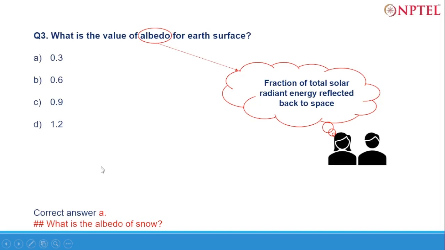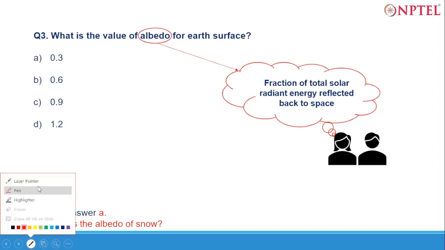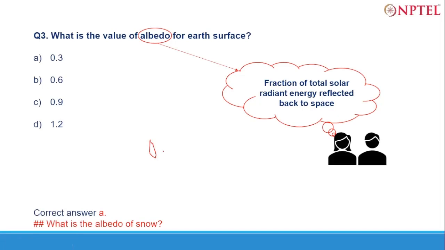And what do you think the albedo for snow will be? Anyone? Okay, let me write it down. Nearby 0.9, I can say. It's 0.8. So why do you think snow appears white?